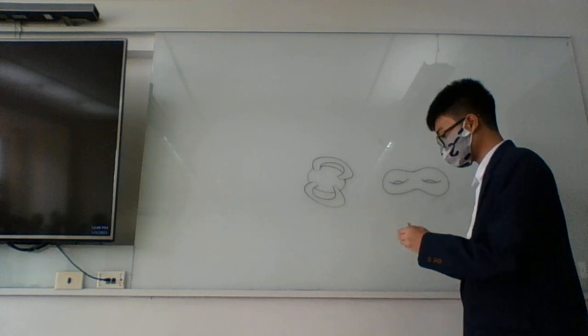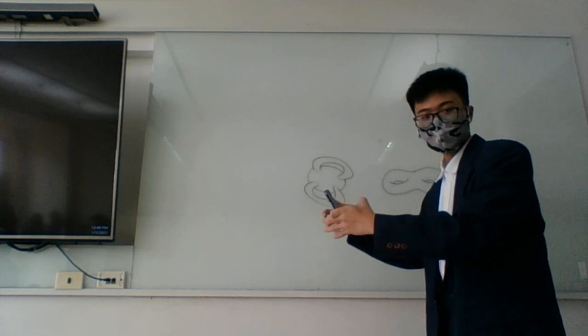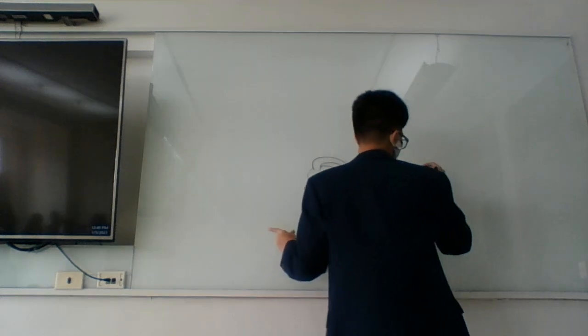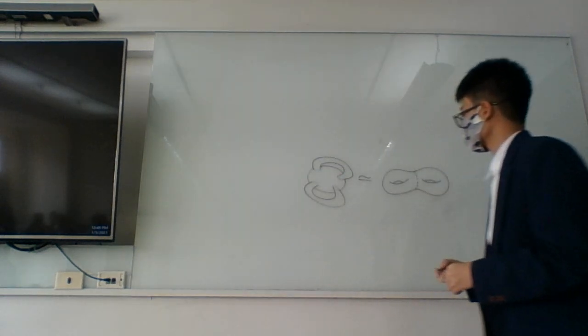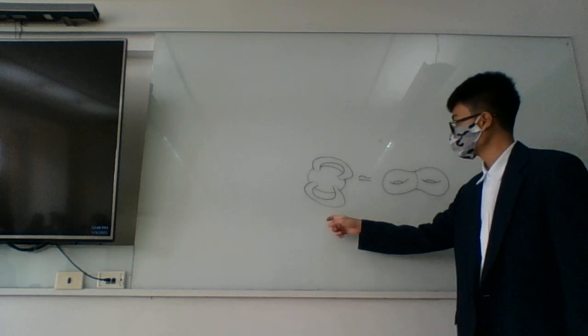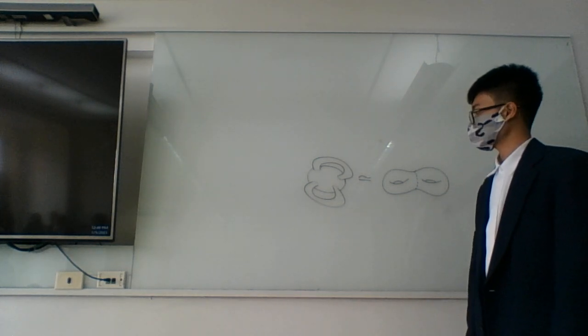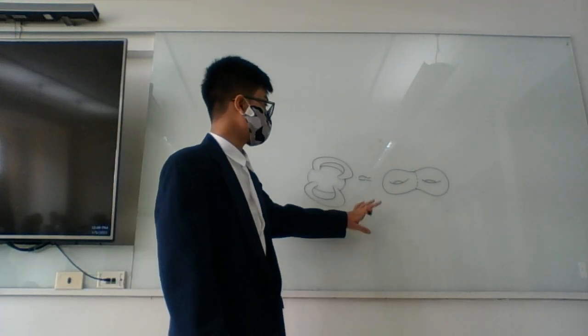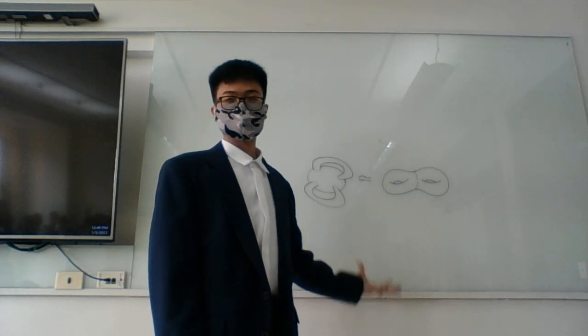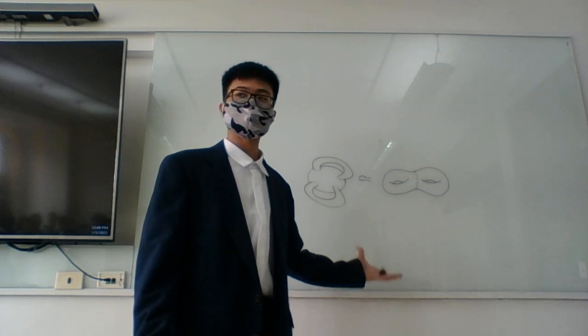So it's basically two toruses, mushed together by a common boundary. So this is homeomorphic to this space. Okay. So how do we find the fundamental group of these two spaces, which are kind of the same space?